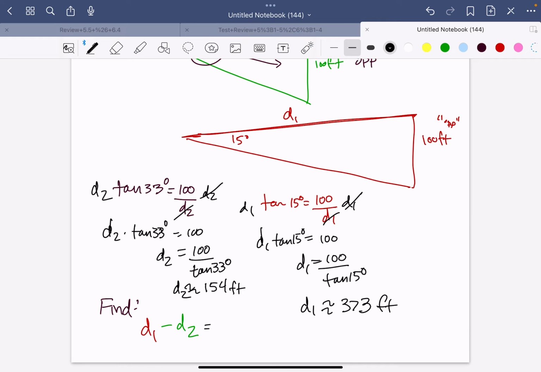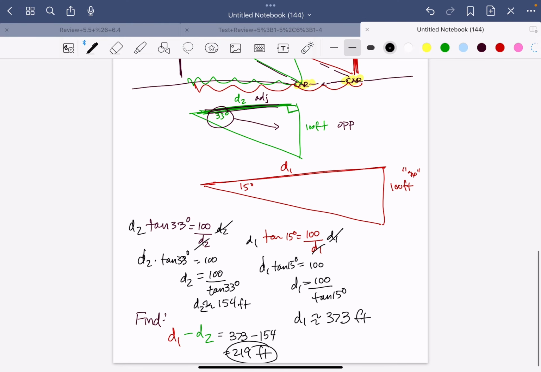So D1, 373, minus D2, 154, gives us 373 minus 154 quickly gives us 219 feet. That's how far the car has traveled. Cool.